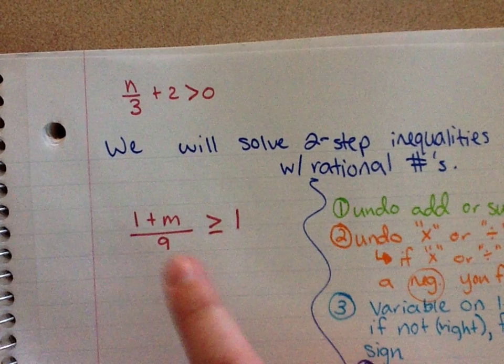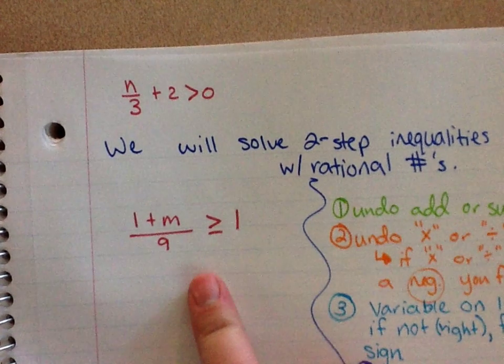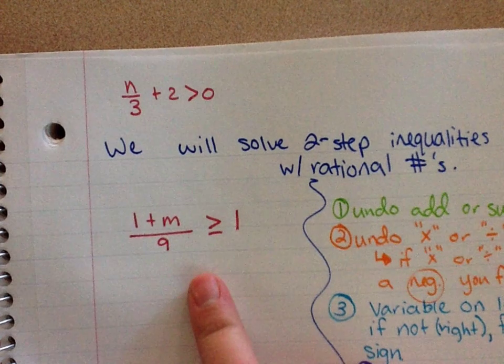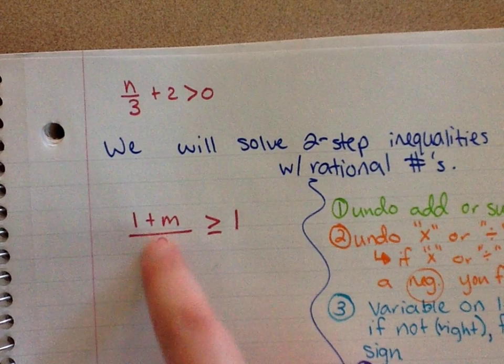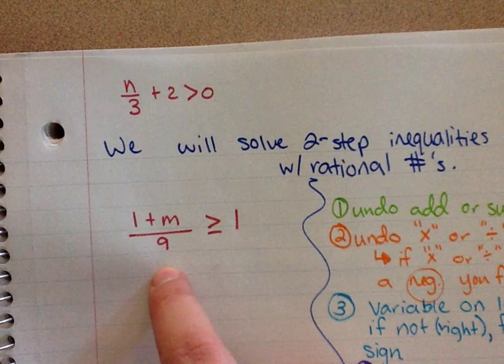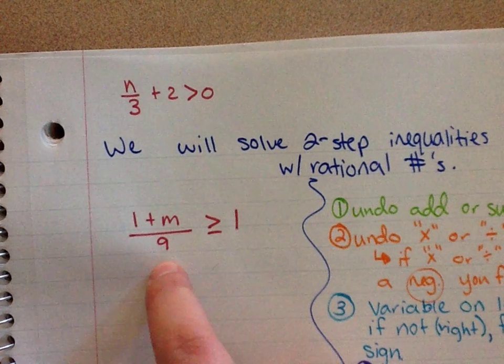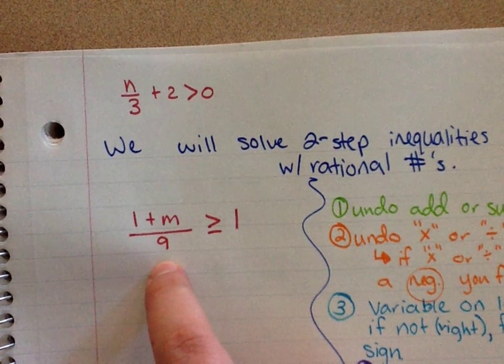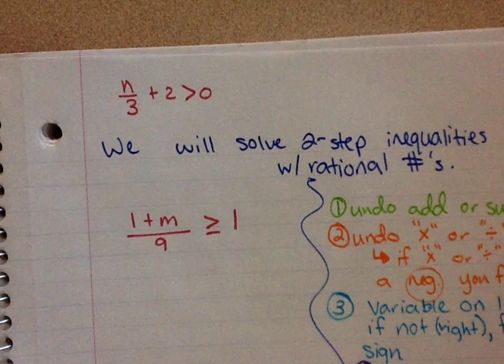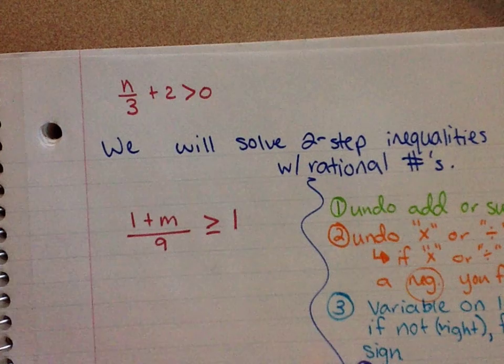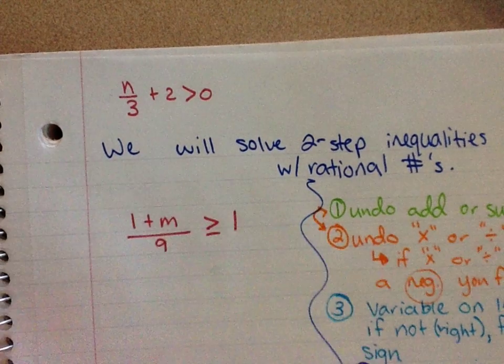Okay? Questions on this weird case? This special case here. Now, if I want to get rid of the 9, first of all, what's happening with the 9 right now? What operation is happening with the 9? Division. Austin? I'm dividing by 9, correct? How am I going to get rid of the 9? Okay, I have to multiply first in this case. So in the special case, you flip these 2 steps.